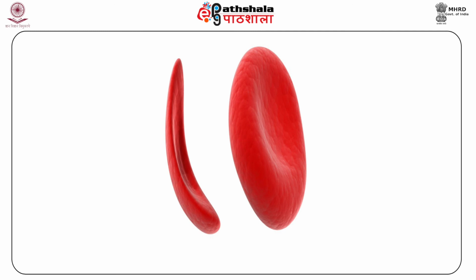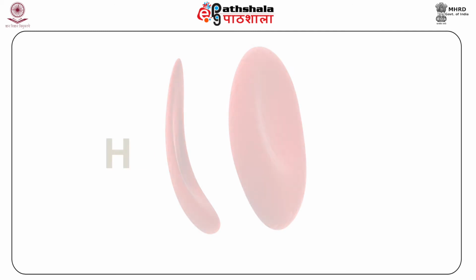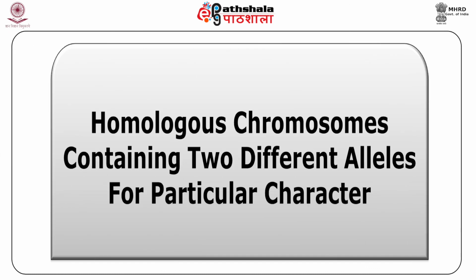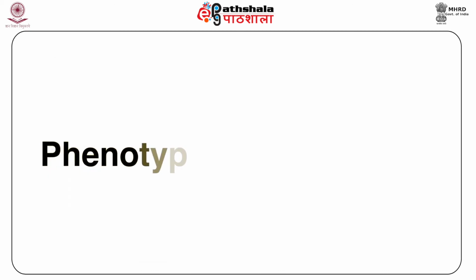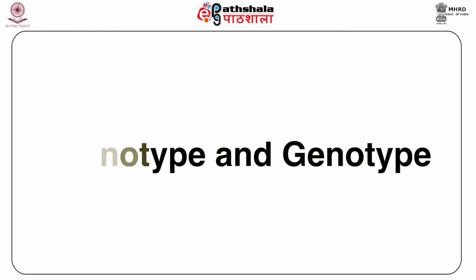In human beings, sickle cell anemia is a recessive trait. Heterozygous: if the homologous chromosomes contain two different alleles for a particular character, the organism is said to be heterozygous for that particular trait. Now moving on to phenotype and genotype.